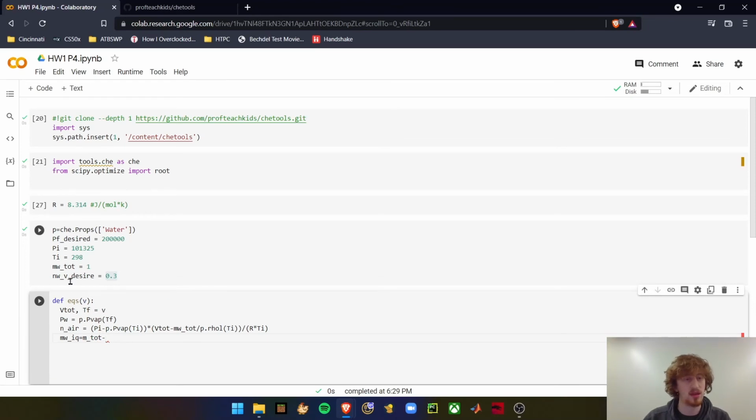Let me double check that I have it the same as we do above. So we have mass of water total minus our desired number of moles of water times the molar density, which is 18 times 10 to the negative third.